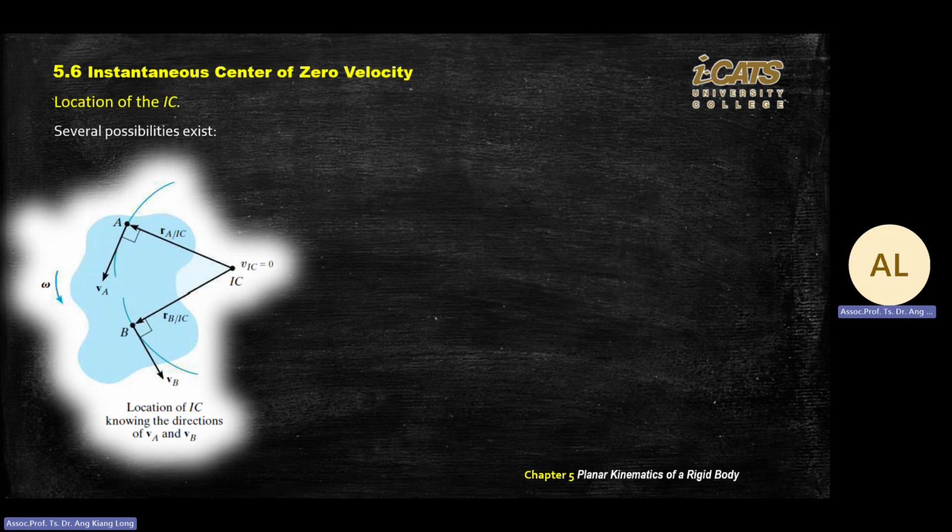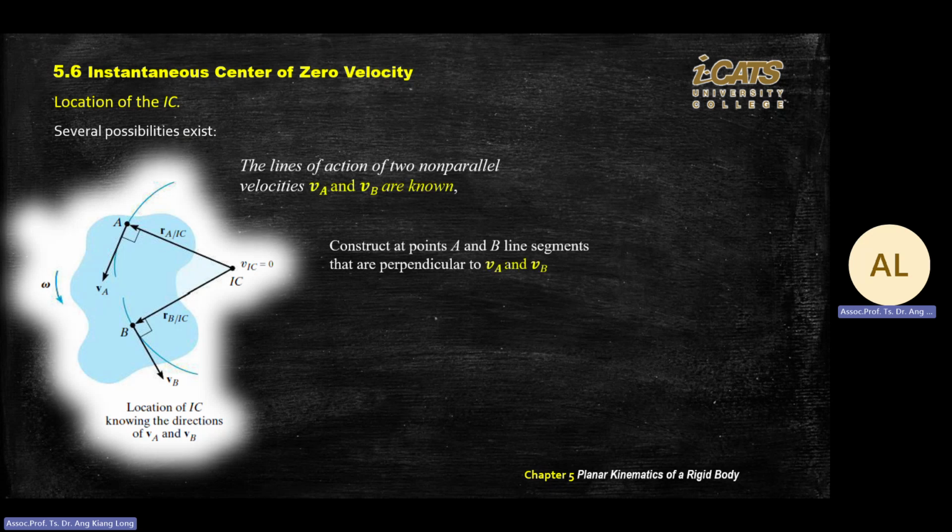Then you will come to a point called IC. At IC, the velocity is 0. So when there's an intersection point, you can draw it. To know the exact location of the IC, you need at least 2 points on the body.